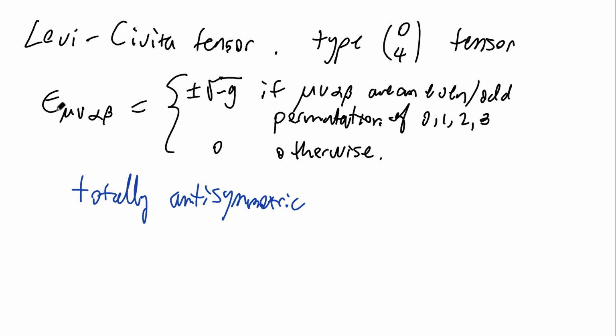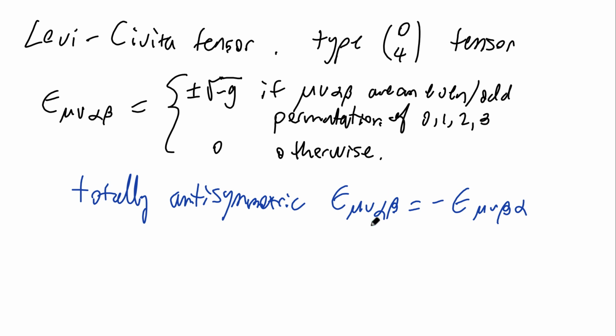So for example, if mu, nu, alpha, and beta is an even permutation of 0, 1, 2, 3, then the value is plus square root of minus g. So then if I swap, say, alpha and beta, then it becomes an odd permutation and I pick up this minus sign. So epsilon mu nu alpha beta is equal to minus epsilon mu nu beta alpha.